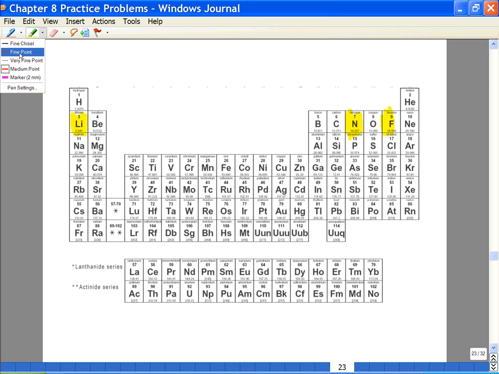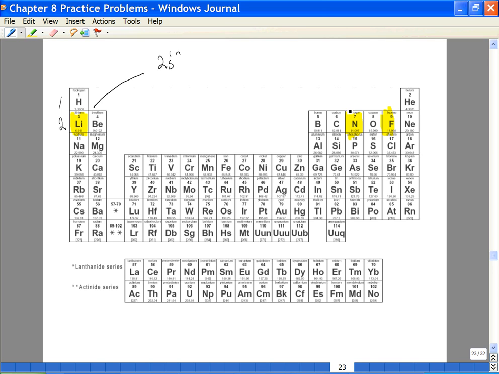These are not transition metals. So the valence electrons are... I'm getting ahead of myself. The valence electron in this one is 2s1.